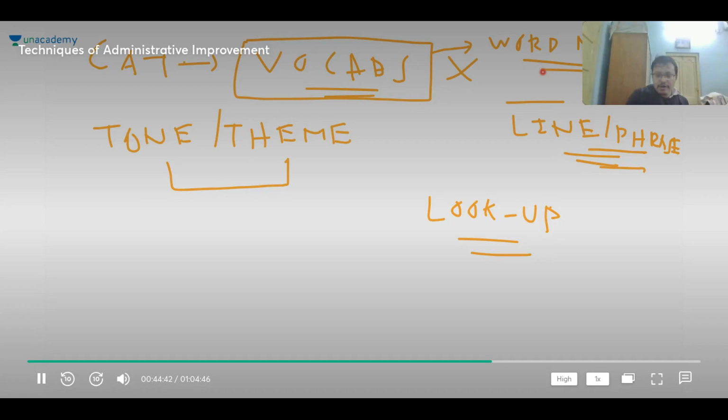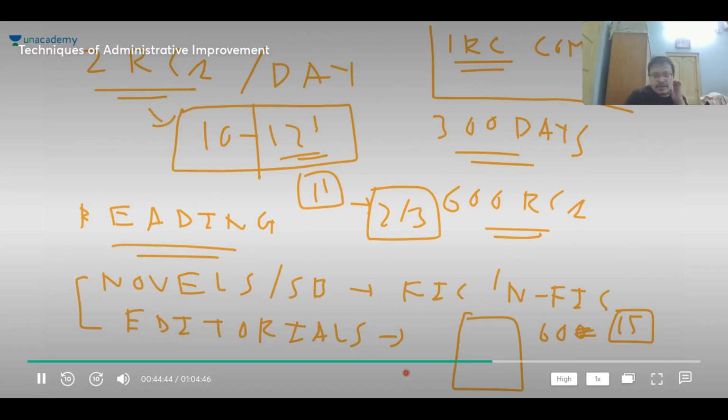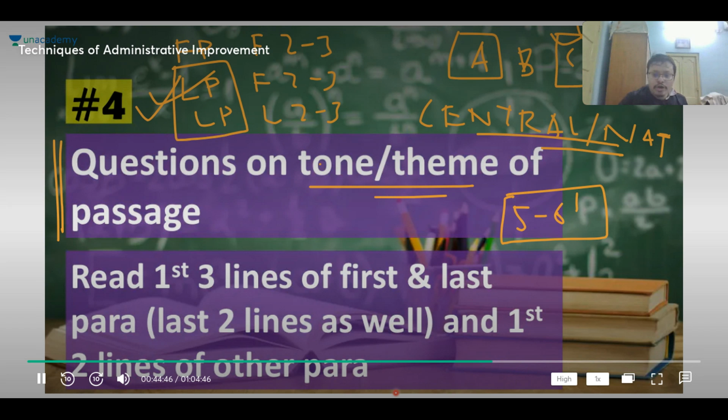So Anvish, I already discussed the part on the tone or theme of a passage. Just look at this: first paragraph, first two, three lines; last paragraph, first two, three lines; last paragraph, last two, three lines. That's it.